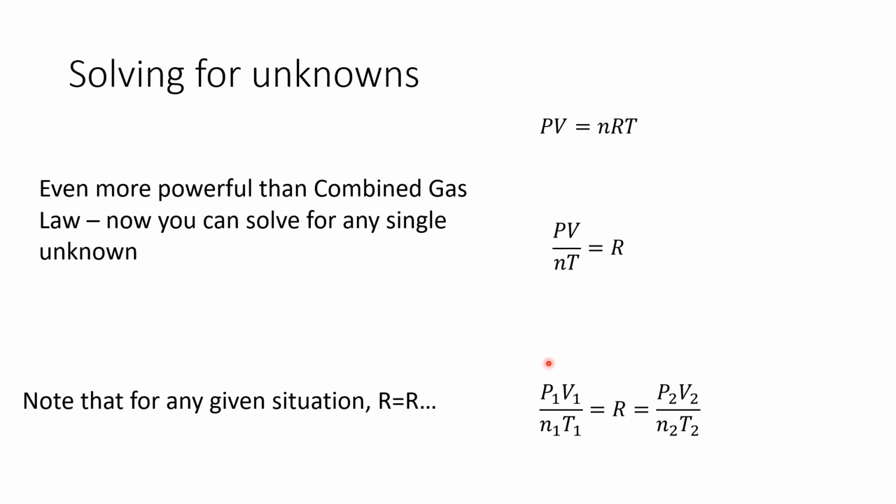To be honest with you, I don't use the combined gas law. I just use this, because it's fewer things for me to memorize. I don't use Boyle's law and stuff like that. I just use the ideal gas law, because it's going to work for more things. Instead of having a bunch of different tools, it's kind of your hammer screwdriver, one tool in the toolbox that does almost all the things.